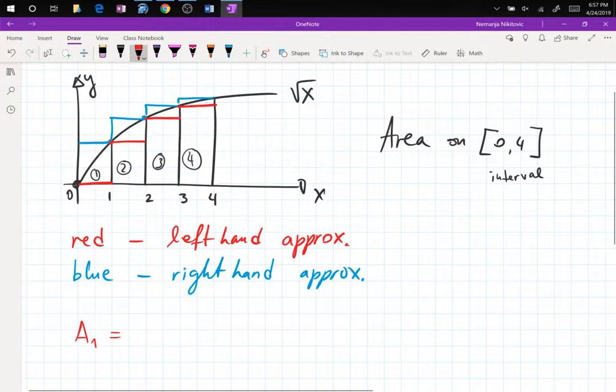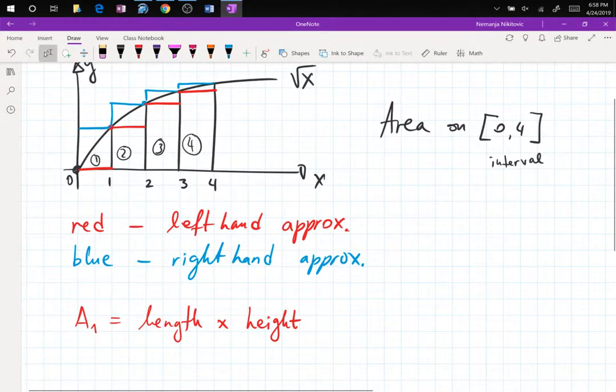So I have my length times the height. Do we all agree that that's the area of the rectangle, right? Do we also all agree that the length is 1 because it's from 0 to 1? Times the height is 0. And we get 0 for the first one, right?